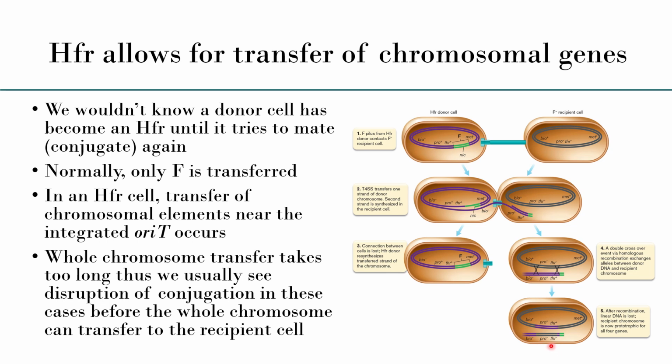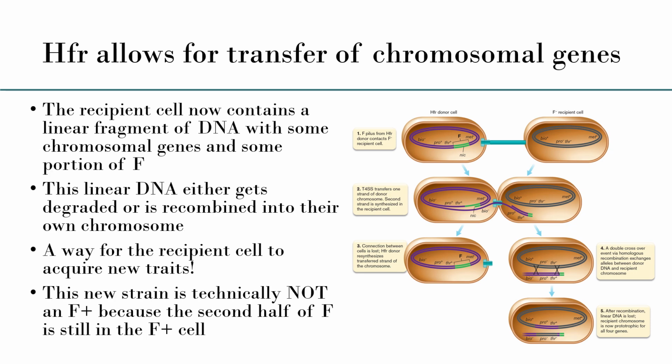And then either this extra portion will degrade or it might be used as a playground for evolution, because when we have two copies of the same gene in a bacterial cell, the bacteria will allow that second gene to incur extra mutations and basically allow mutations and evolution to take its course there to give the cell new abilities that it didn't have before.